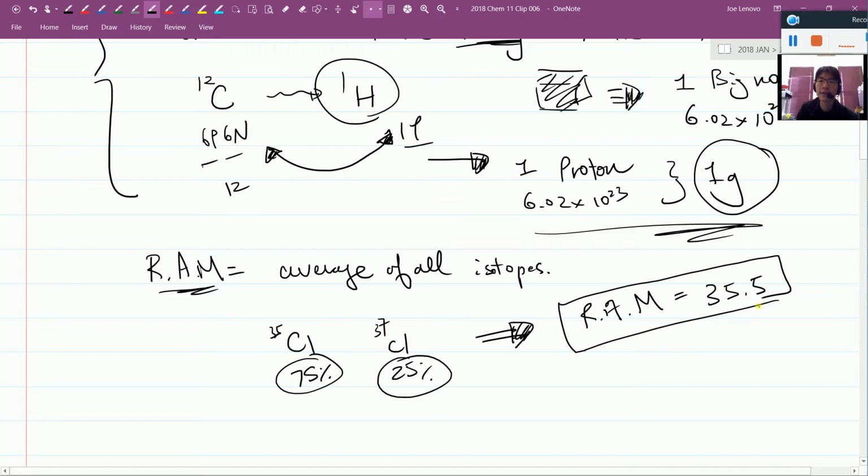What this 35.5 means is that if you take the average altogether, for all chlorine atoms that you find, it would give you an average of 35.5 protons. You have chlorine atoms that contain both 35 and 37, and you can't separate them.